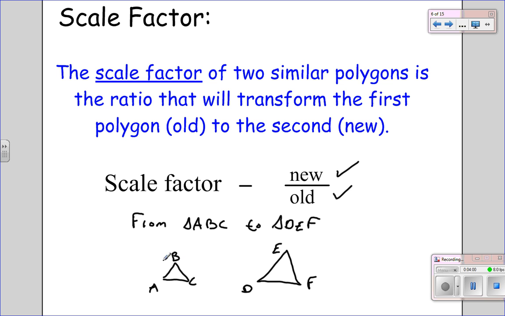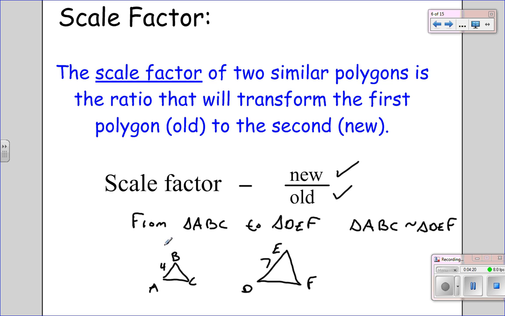Let's say that this side is 4 and this side is 7. I'm going to tell you right now that triangle ABC is similar, remember that squiggly line means similar, to triangle DEF. This is what we call a similarity statement, very similar to a congruent statement, except it has a similar sign.